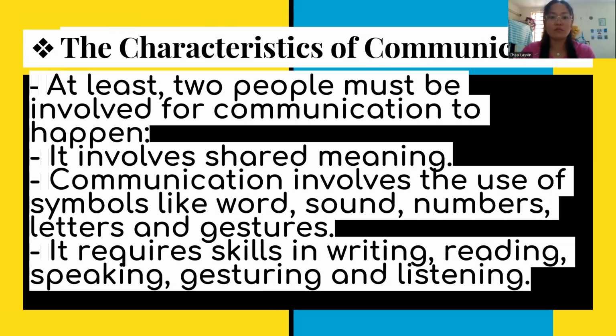It involves shared meaning. Communication involves the use of symbols like words, sounds, numbers, letters, and gestures. It requires skills in writing, reading, speaking, gestures, and listening. So those are the characteristics.